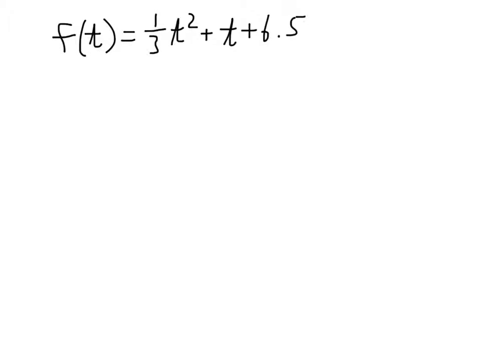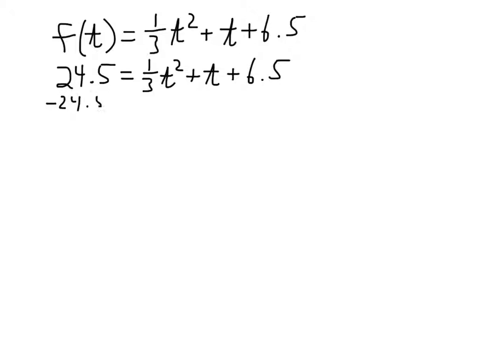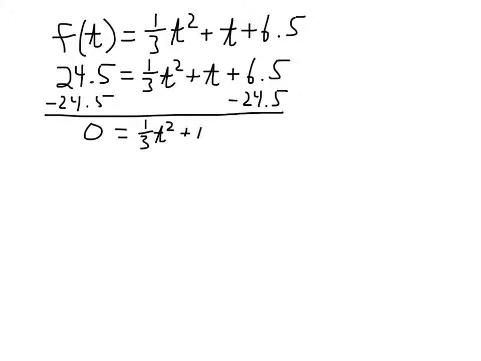And now to solve this, we'll use the technique we learned where you need to first get a 0 on one side of the equation. So we'll subtract 24.5 from both sides of our equation. And that gives us a 0 on the left. So we have 0 equals 1/3 t squared plus t minus 18.